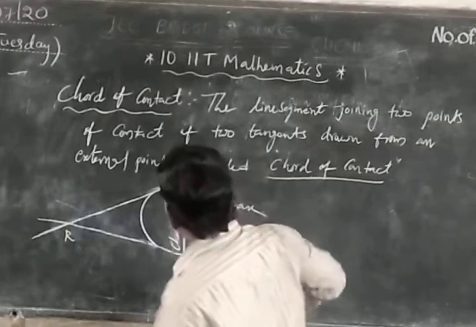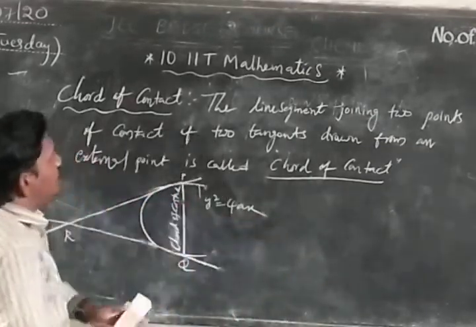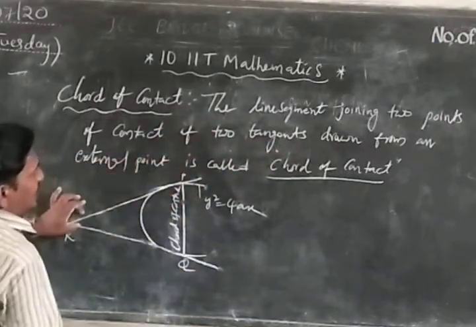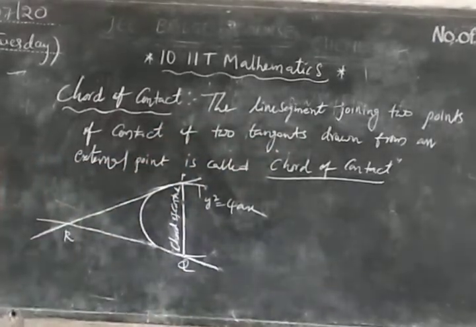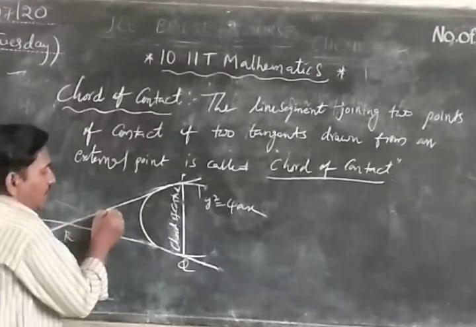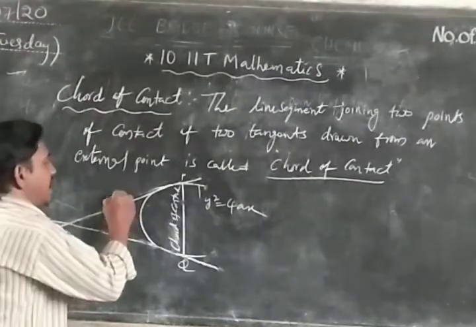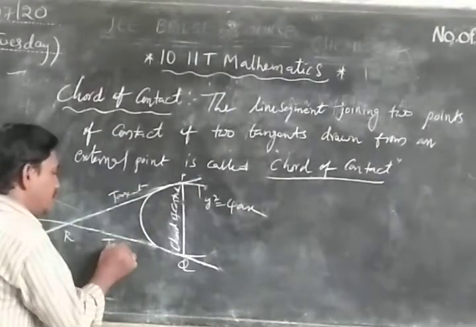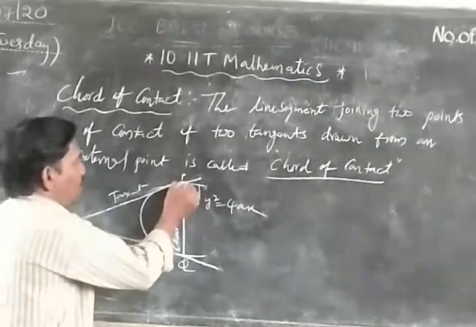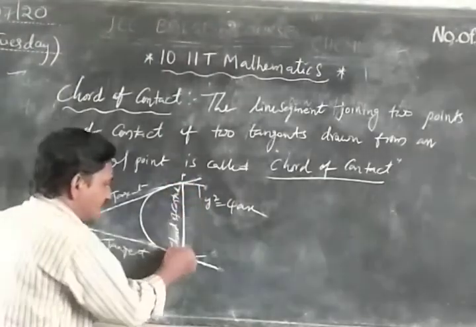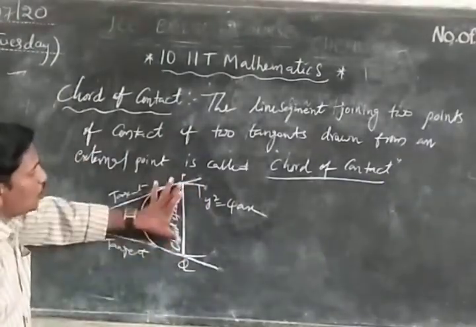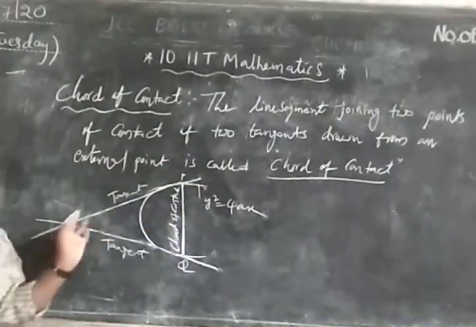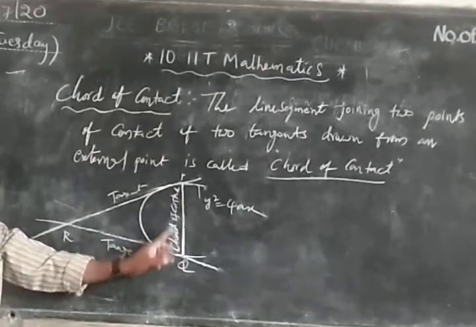So the line segment joining two points of contact of two tangents drawn from the external point. So we have to draw to the external point two tangents. This is tangent, this is also tangent, and this is the point. This is the line segment joining two points of contact of two tangents drawn from the external point. That is called chord of contact.